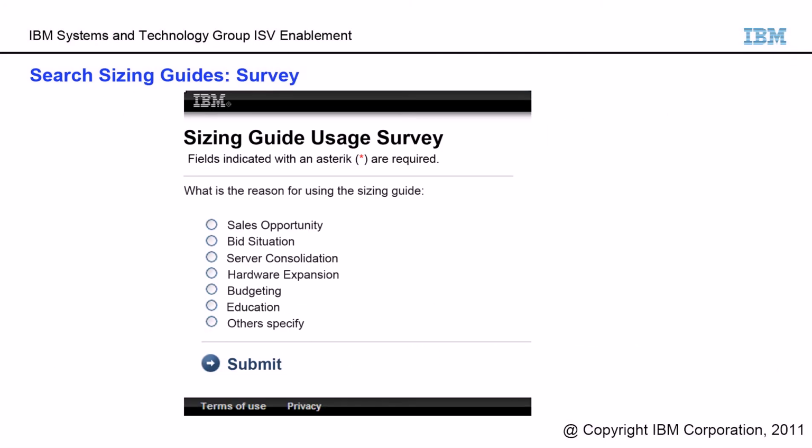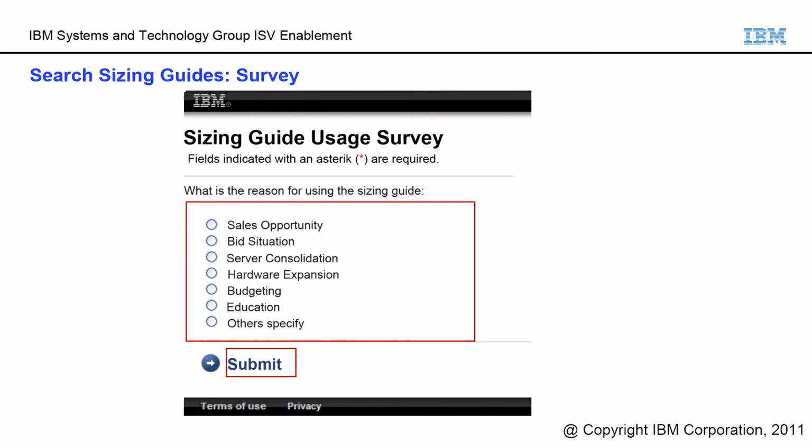When you run a sizing guide, provide the reason for using the sizing guide by selecting an option, and then click Submit to run the sizing guide on the server.